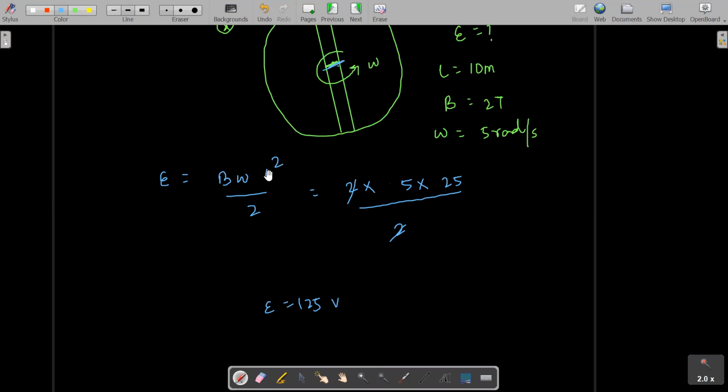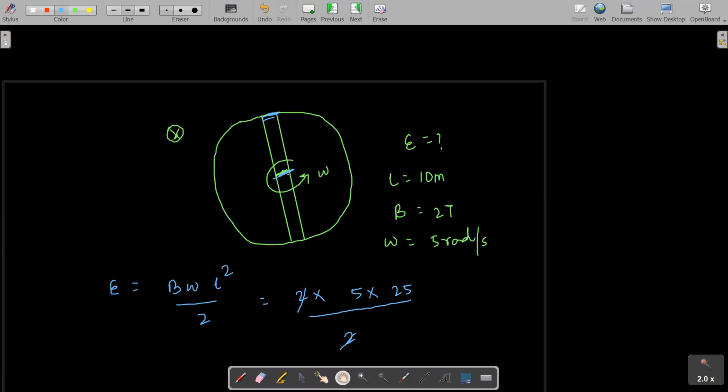But you know, when we are talking about the induced EMF, what can we say? That EMF induced between this point and this point, this will be the positive terminal, and this will be the negative terminal, right? V cross B, sorry, upper terminal will be positive now, because it is rotating in this way.